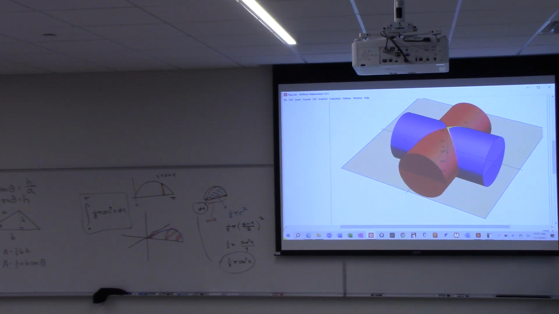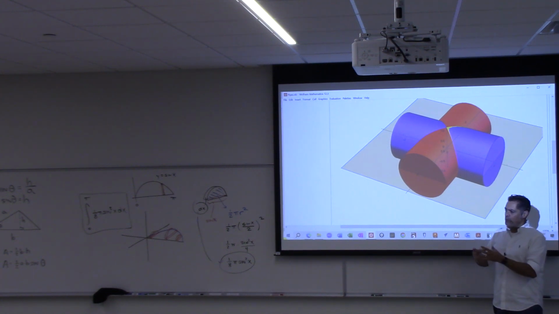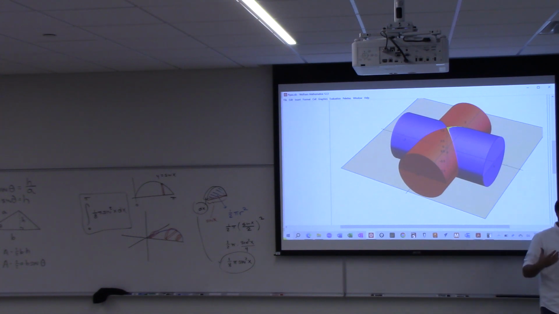Well, you can't just take the volume of the blue cylinder and add it to the volume of the red cylinder, and say that's the volume of those together, right? Because they have a common intersection. You would be counting that twice if you just looked at them separately. So you have to figure out what part is common to both.